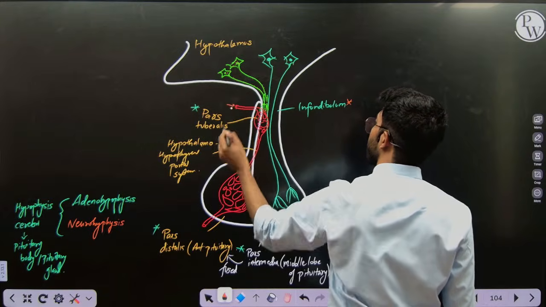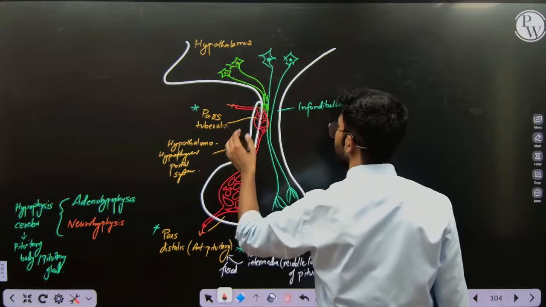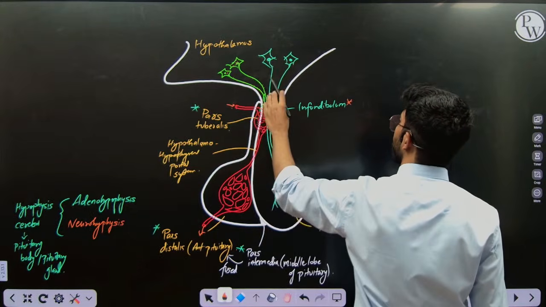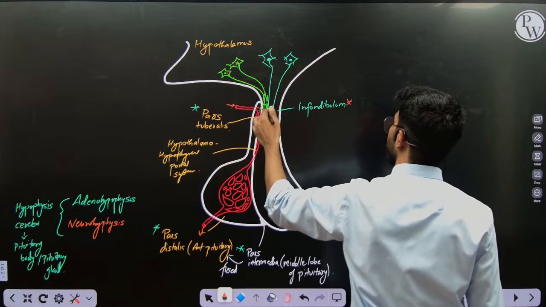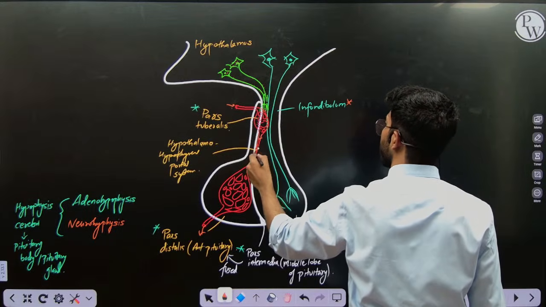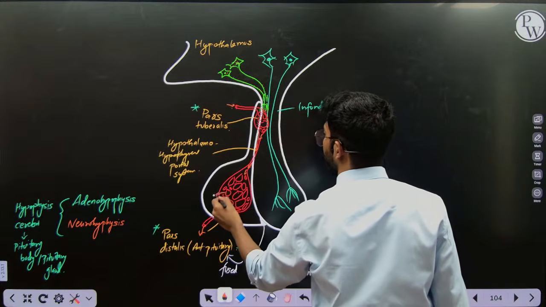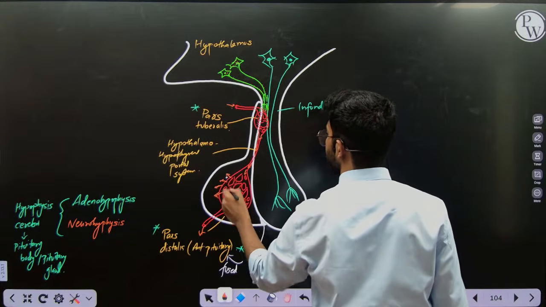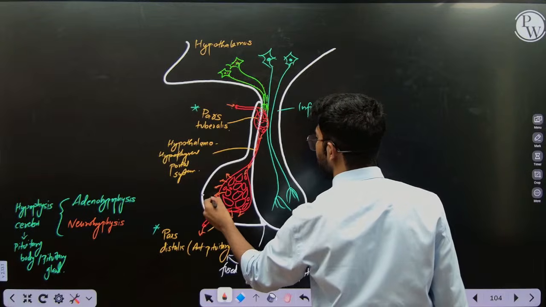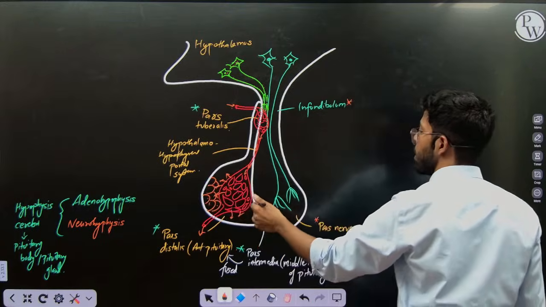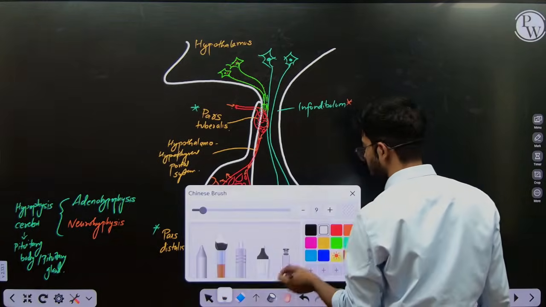Through the blood circulation they enter the capillary network, and because blood is always flowing, they reach the pituitary cells, also known as pituicytes.